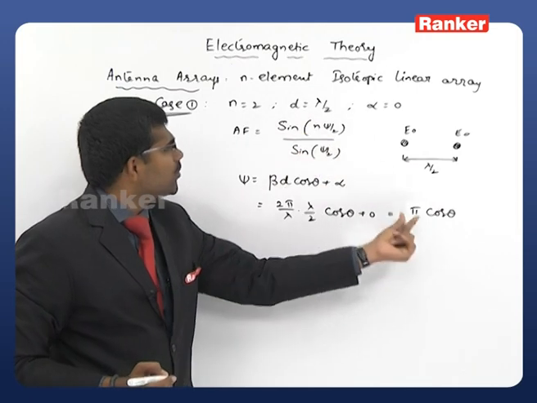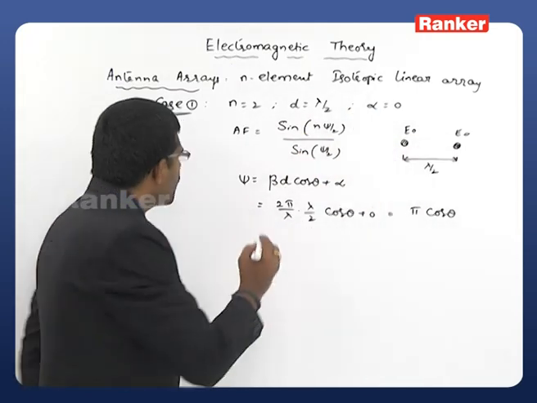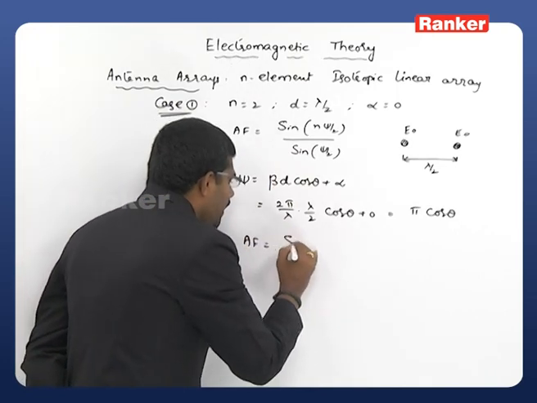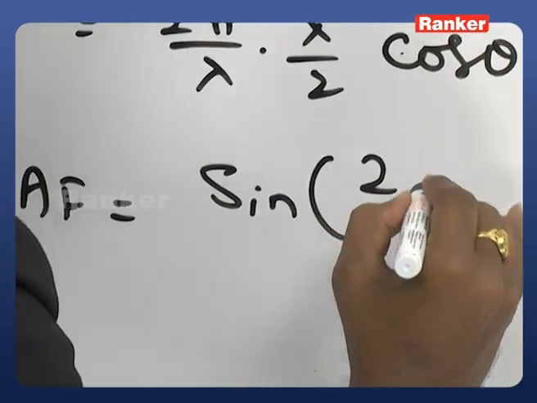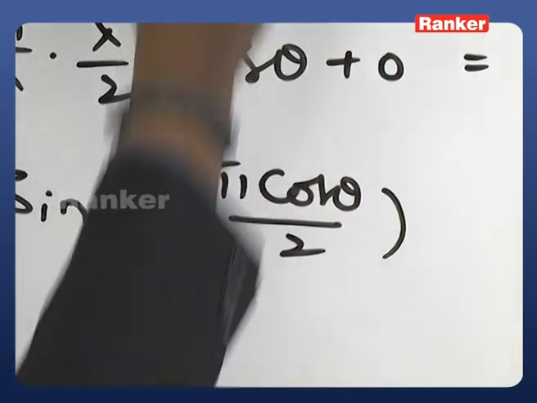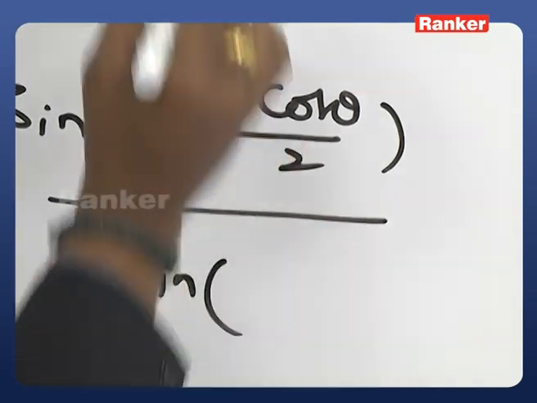So instead of psi, you substitute pi cos theta. Instead of n, you substitute 2, since the number of elements is 2. The array factor is modified as sin of 2 psi by 2, with psi being pi cos theta, divided by sin psi by 2.